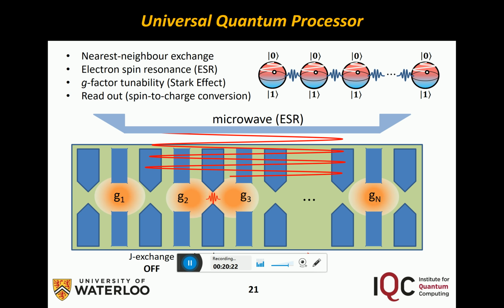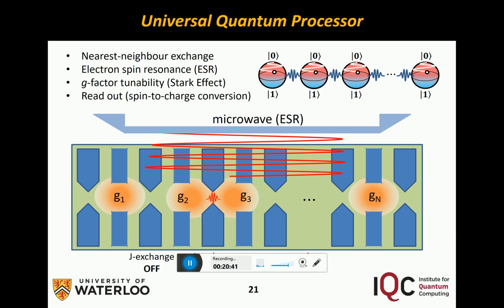And the two qubit entangling gate can be achieved by the nearest neighbor exchange interaction, which is again controlled through voltages on the gates. So you have the two ingredients for the universal quantum processor. And now you can bring in any of the readout techniques that I explained before.